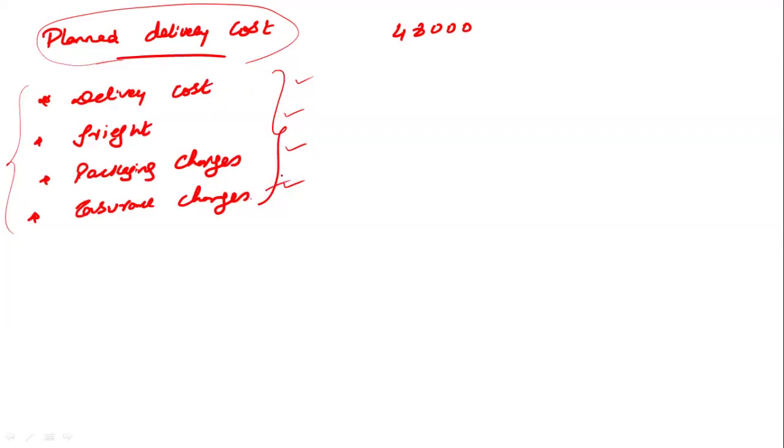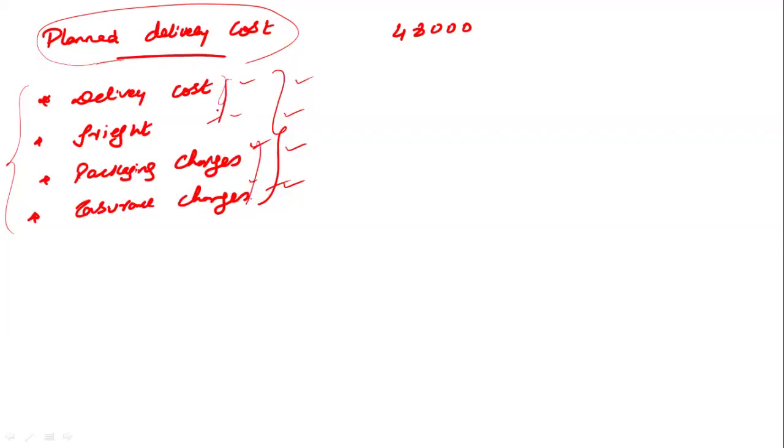There is no insurance charges, there is no packaging charges. You only have the freight and delivery cost. Assume that you only have these two components. For some materials, we also have the packaging charges, insurance charges, freight, delivery cost. For some material, we don't have these, we only have these.